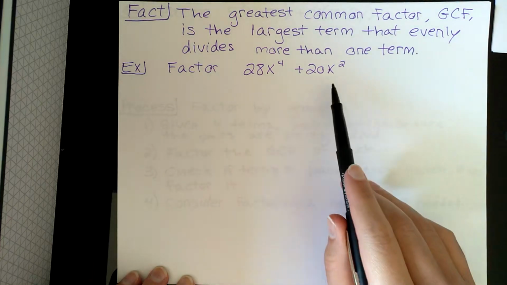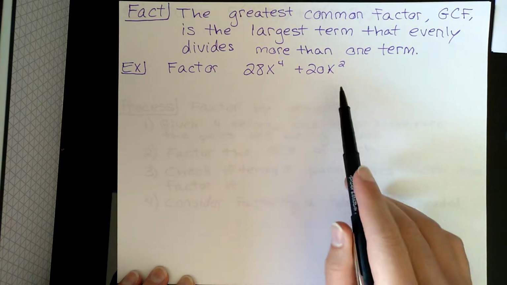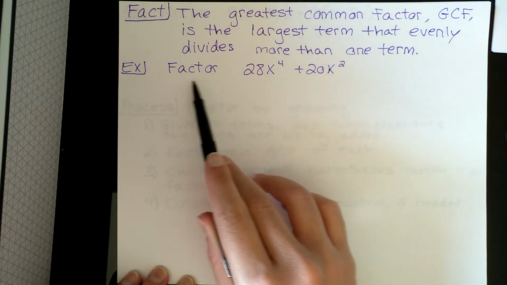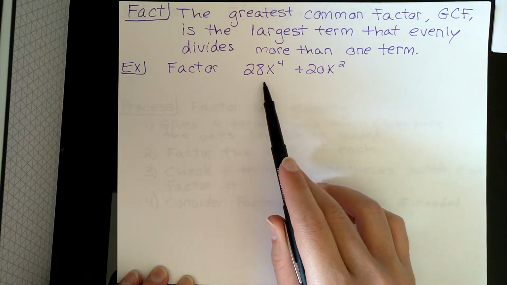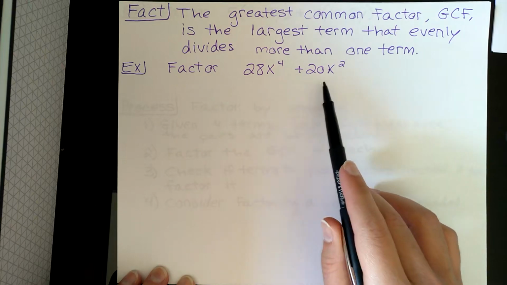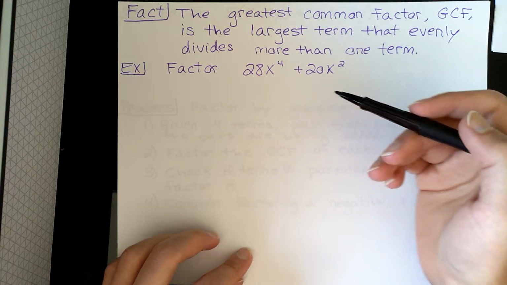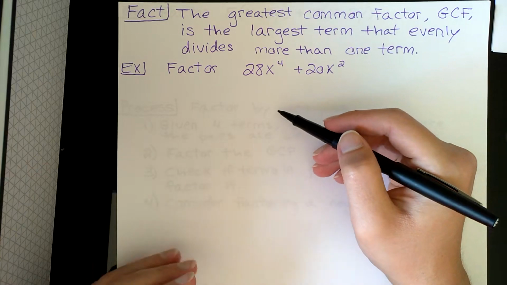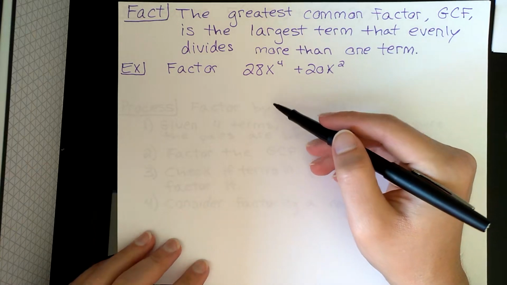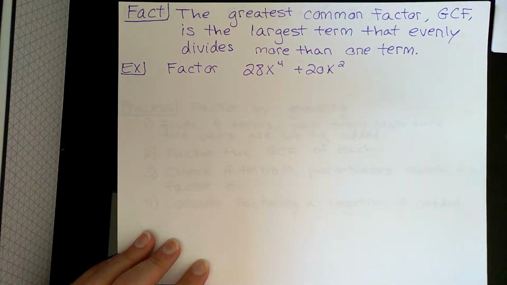So looking at this example, we want to find what is the greatest common factor between these two in order to factor them. So looking at 28x to the fourth plus 20x squared, what you should be doing in your head when you're factoring a problem like this is breaking these problems down to see what values each of them have.